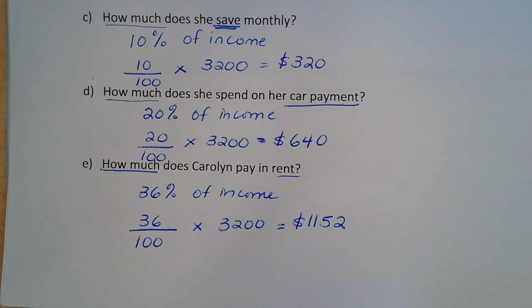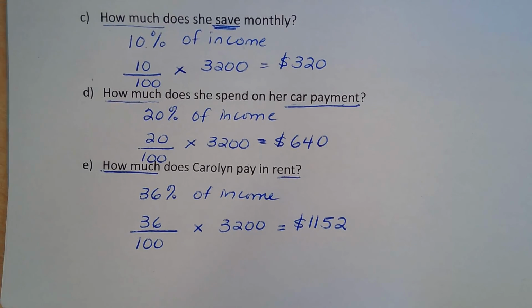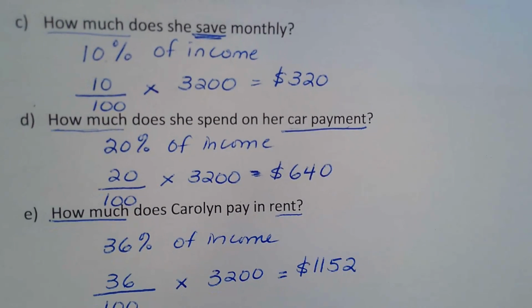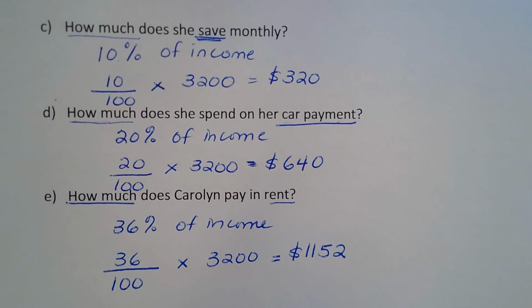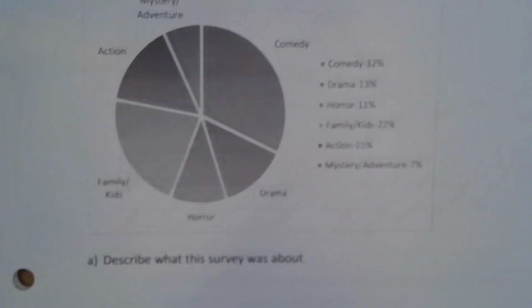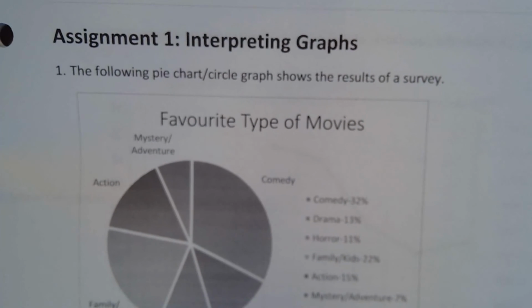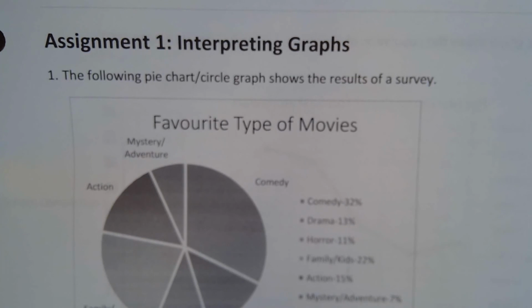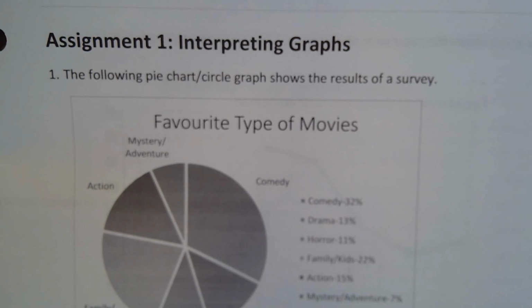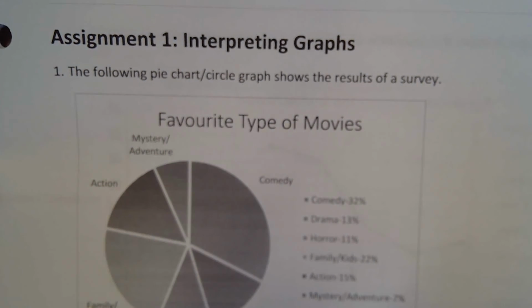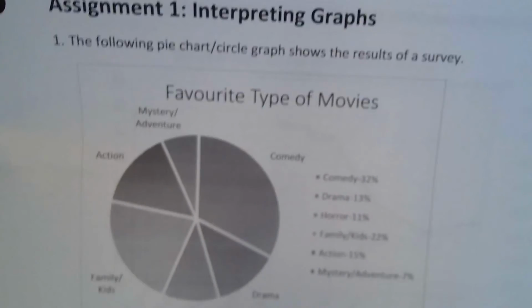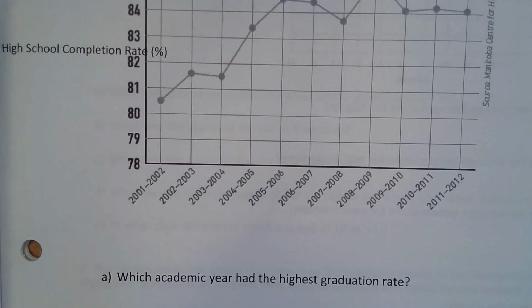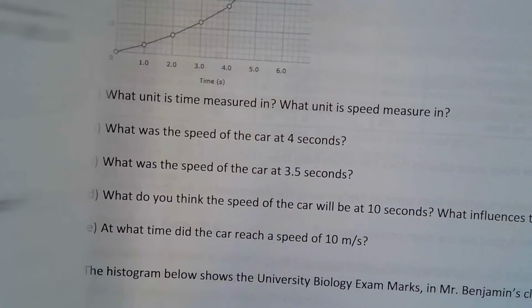Okay, so what we're gonna do at this particular time, as you can see, there's an assignment 1 that follows. You can work on your own, with a buddy, or with a group, but this is what we're gonna be working on for the rest of the morning.